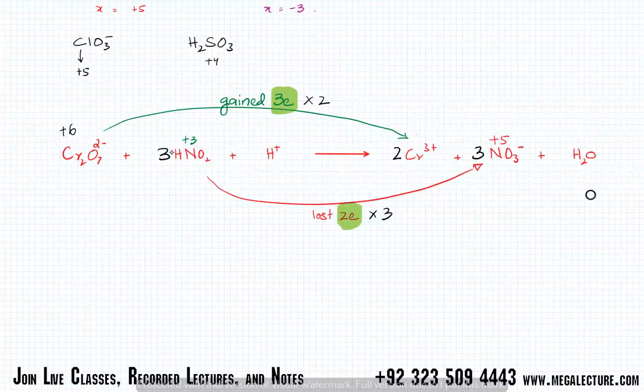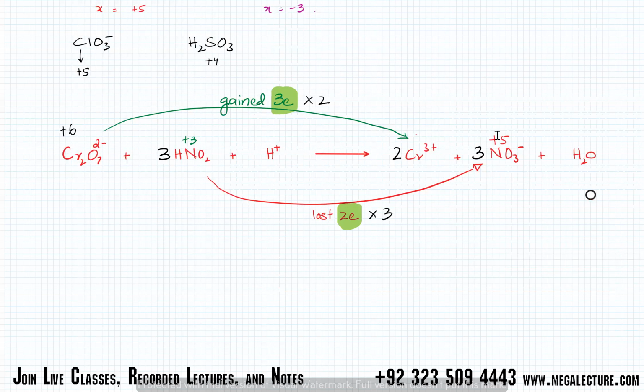Now the last part, which is going to be relatively easy: the only thing that's left is this thing and water, the ones that were not involved in the redox part. So how many oxygens do we have? I've got 7, I've got 6 over here. So that's a total of 13 oxygens on this side.